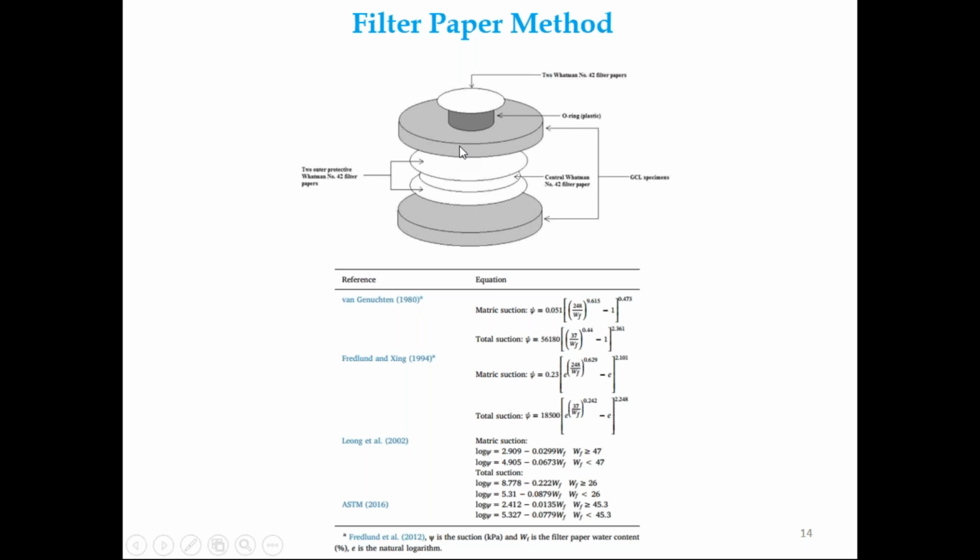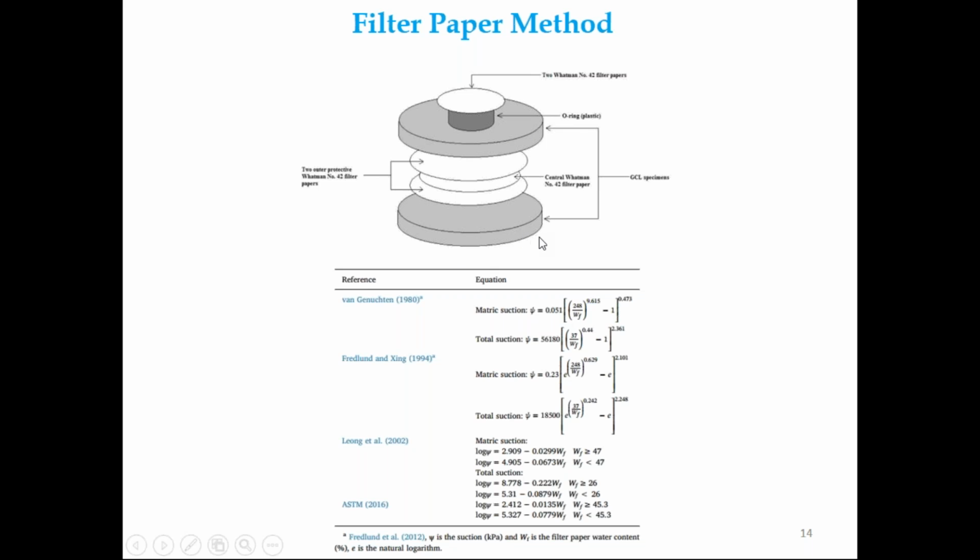In the contact filter paper method, two specimens of equal water content were sandwiched between three oven-dry filter papers, that is Whatman number 42 filter papers, and the assembly is kept in an airtight container for 7 days to achieve moisture equilibrium.